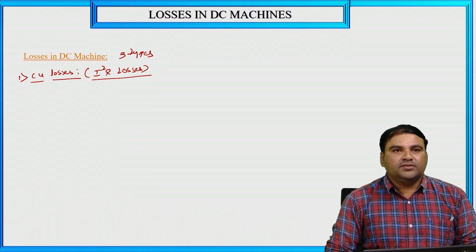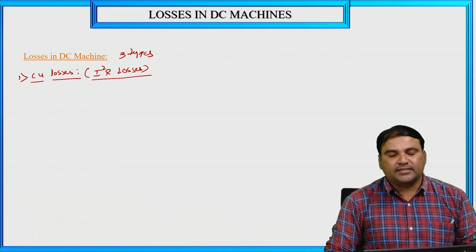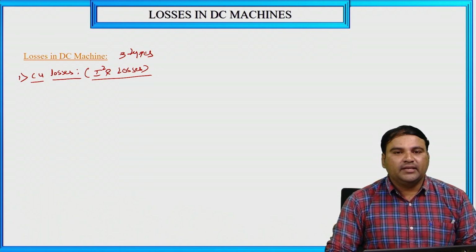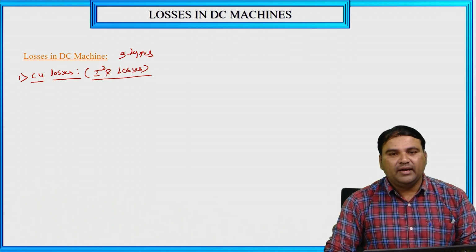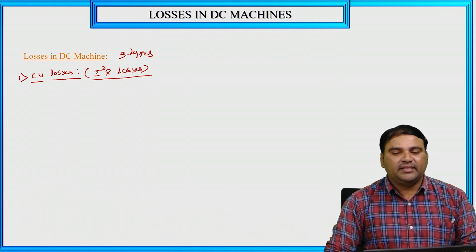Now, what is meant by copper losses? Copper losses are nothing but the power wasted in the form of I square R losses, and these losses occur at the windings of a DC machine.